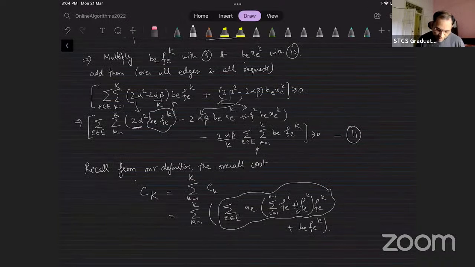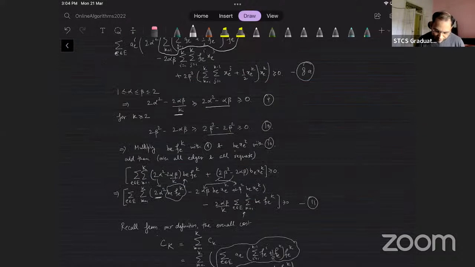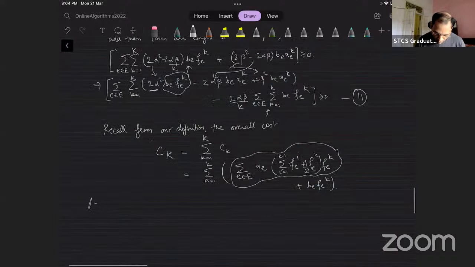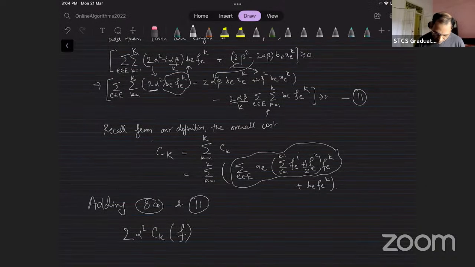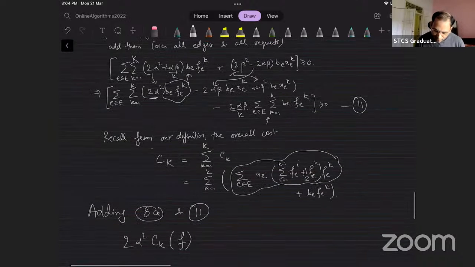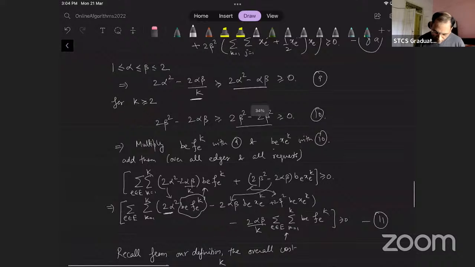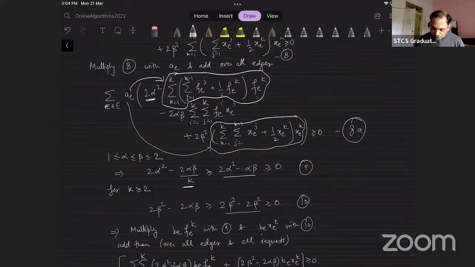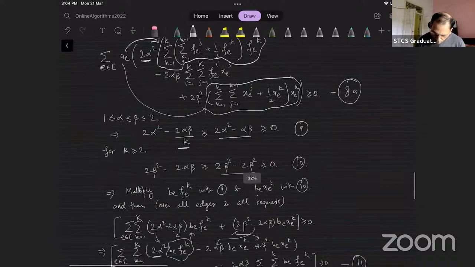Where, remember, both are getting multiplied with 2 alpha square. So if I add 8A and 11, I can extract out 2 alpha square C_K. And just to make sure that C_K is with respect to my solution f, I will write C_K of f. Now similarly for x, they're sitting here. With what multiplier? If you push a_e here, this is also the first term for C_K with respect to the flow x.